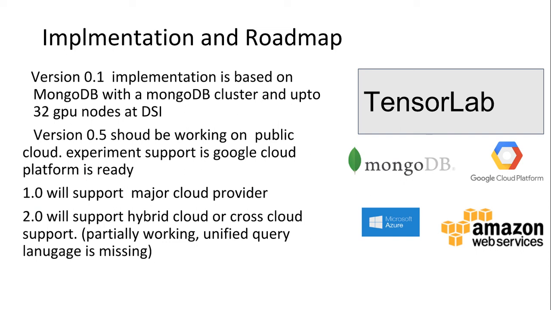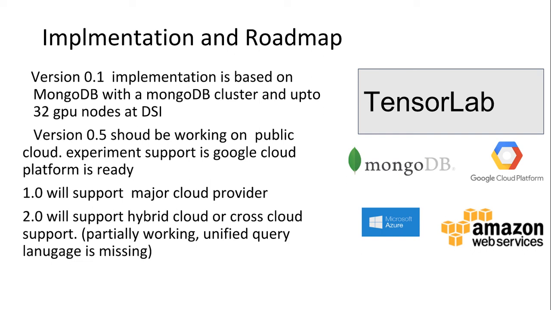Currently, the TensorLab system is implemented based on MongoDB and runs with a MongoDB cluster for the storage. We have tested running with up to 32 GPU nodes for computing. And we are currently experimenting with porting the system to the public cloud. Currently, experimental support for Google Cloud Platform is ready to use.